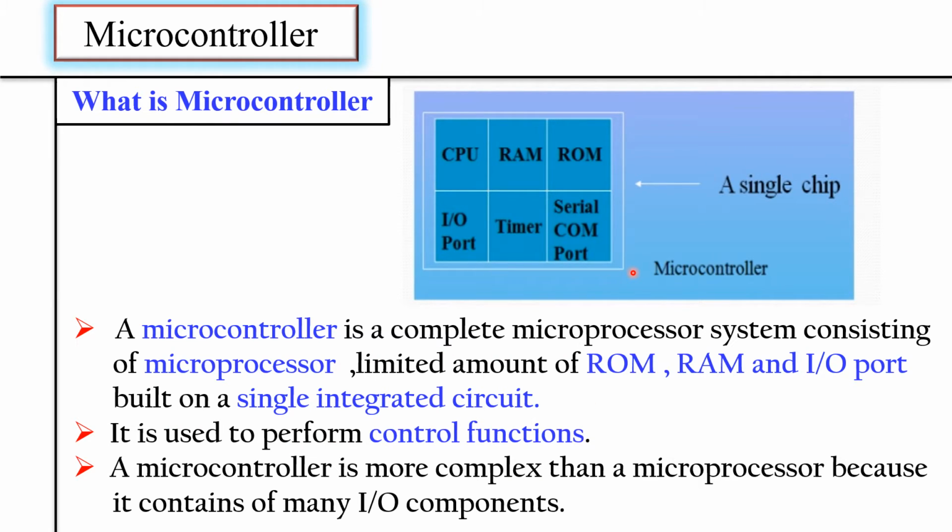So it has a CPU, RAM, ROM, input-output devices, that is nothing but input-output port, timer and serial COM port. It is used to perform control function. A microcontroller is more complex than the microprocessor because it consists of many input-output components. That is nothing but microcontroller.